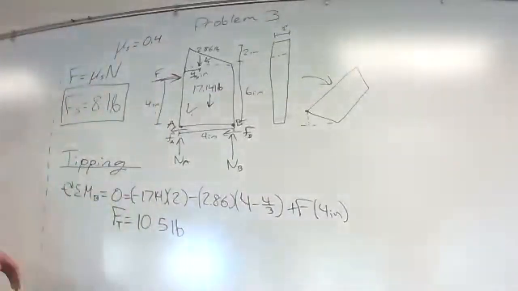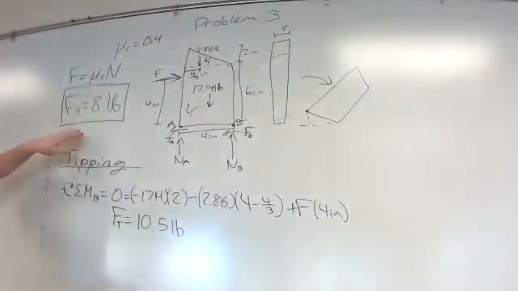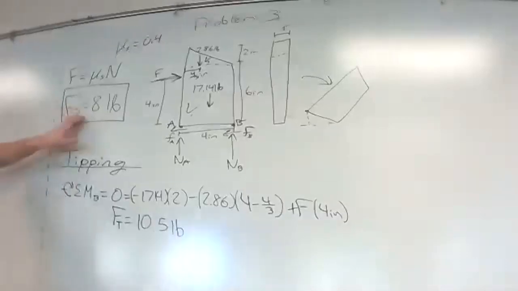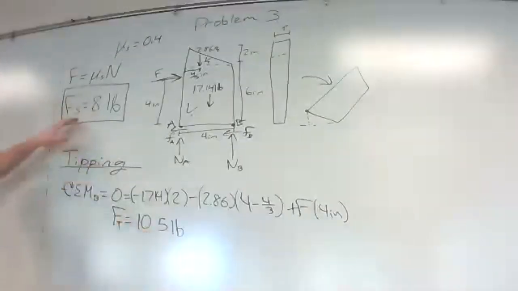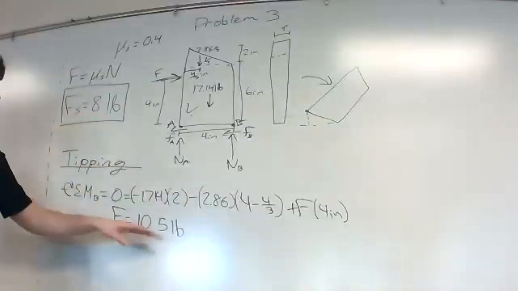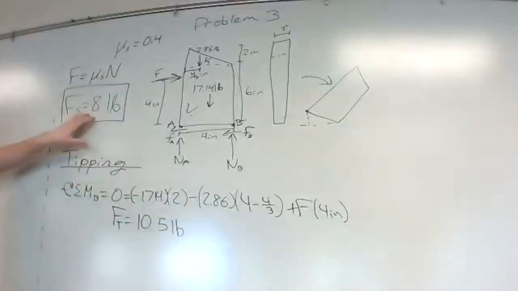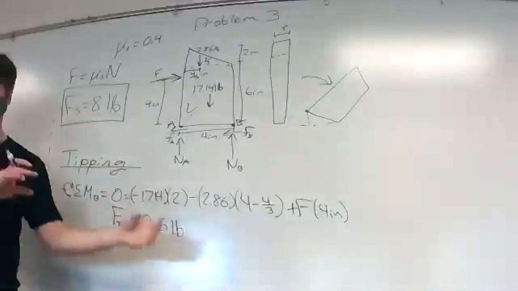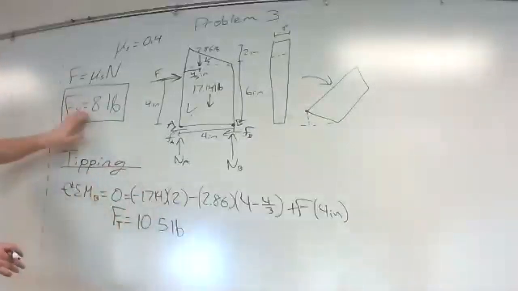That's all you have to say for this one, because all they wanted us to do was to find the forces at which motion would start and to confirm which one would happen first. We found our F for slipping, found our F for tipping, and we can see that 8 is the value in the box at the bottom on the paper, but just say that this is the one that we care about.